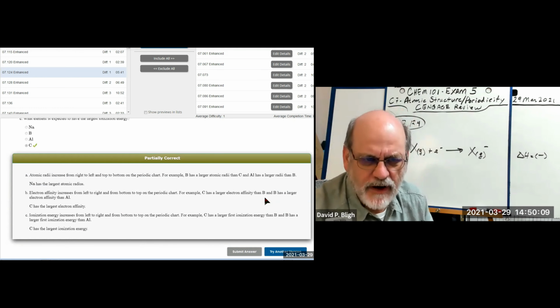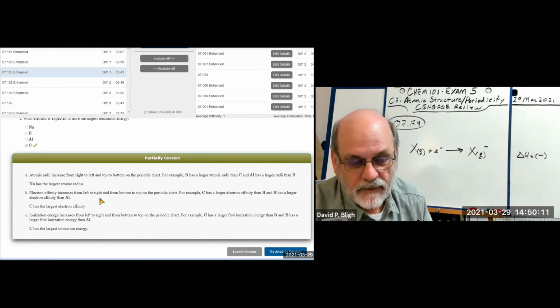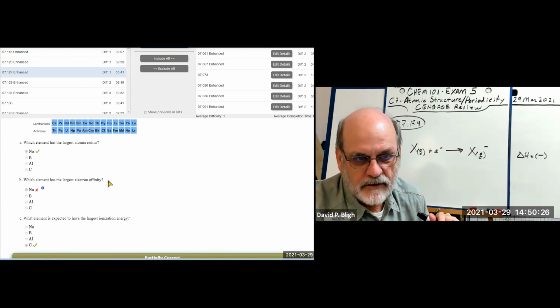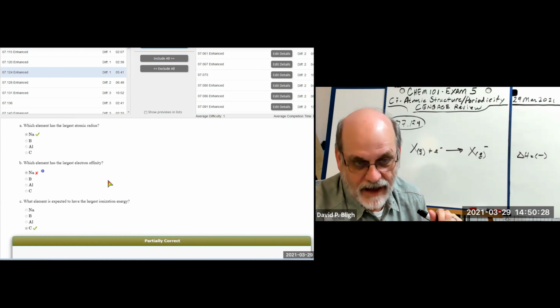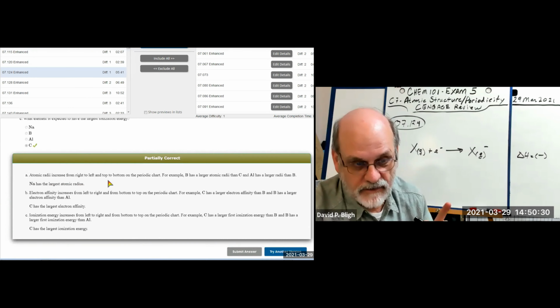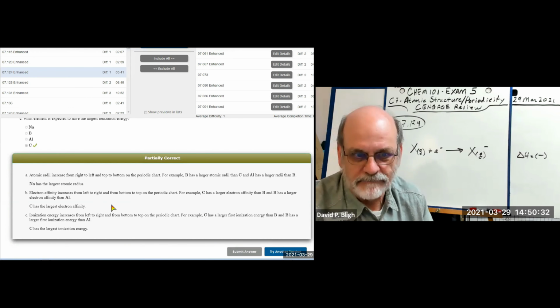Well, let's see if I missed the one that I thought I was going to. Atomic radius increases from right to left and top to bottom. Boron has a larger atomic radius than carbon, aluminum larger, and sodium has the largest atomic radius. So that one's right. Electron affinity, that's the one that we messed up, or I messed up.